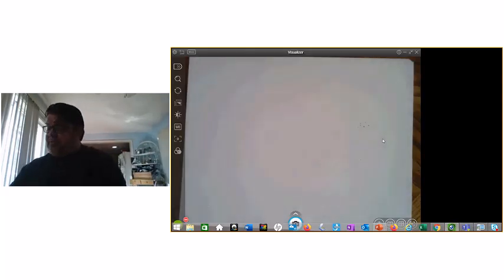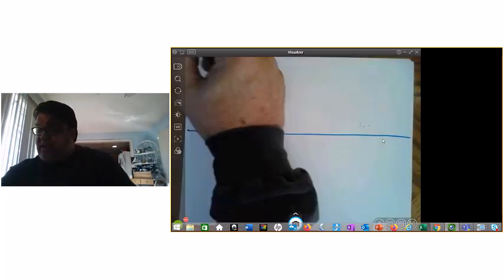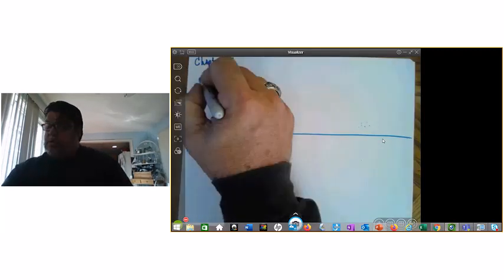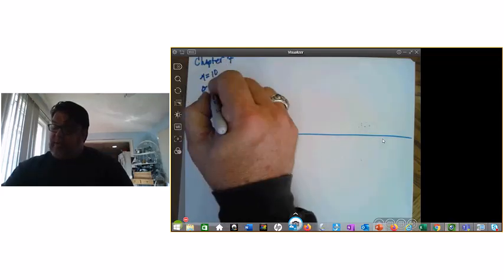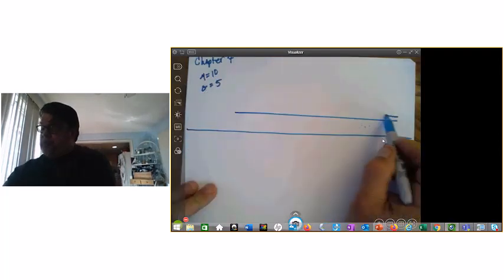In Chapter 7, we were given a number, and we were told that mu is equal to 10, and the standard deviation is equal to 5, and that told you to draw a curve.